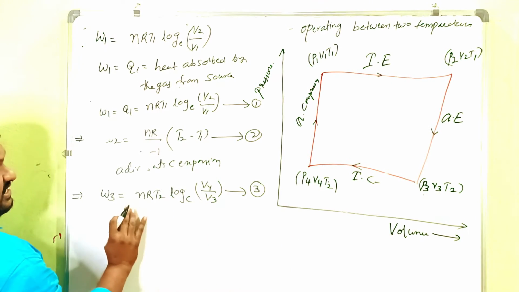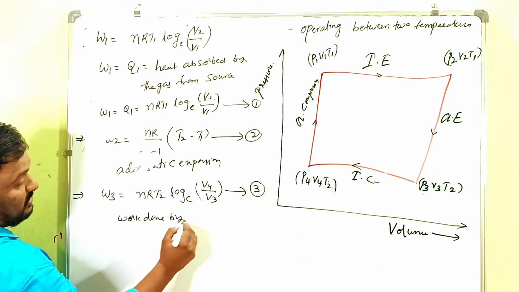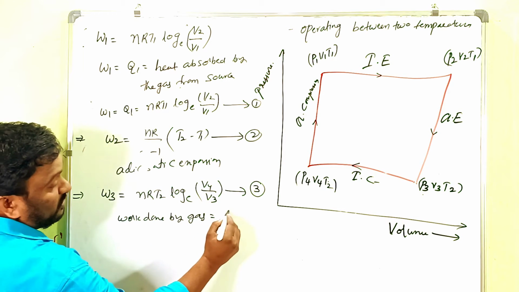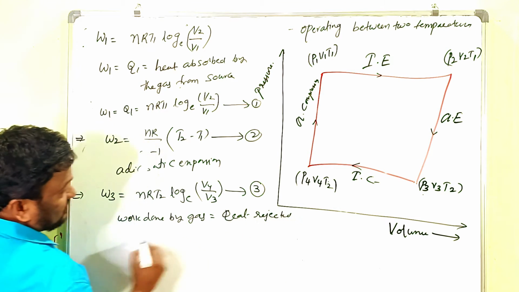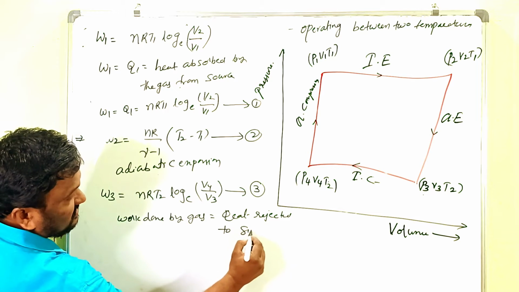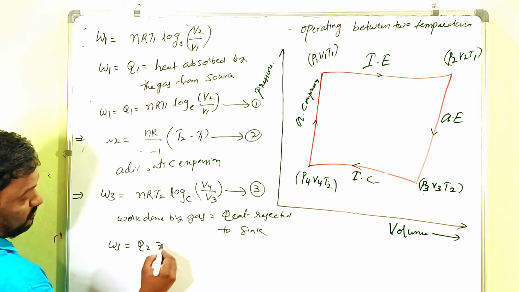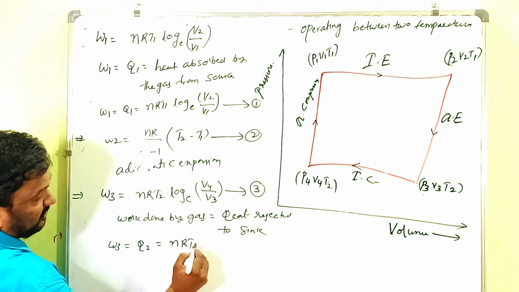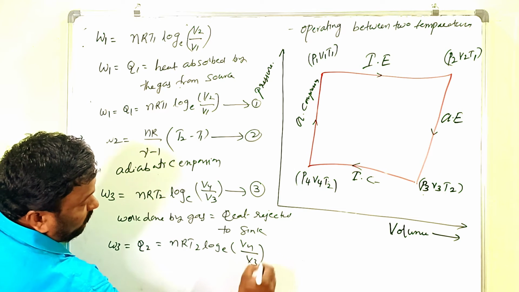In this case there is some work done by the gas. Work done by the gas equals heat rejected to the sink. That means W3 equals Q2, where Q2 equals nRT2 log of V4 by V3.